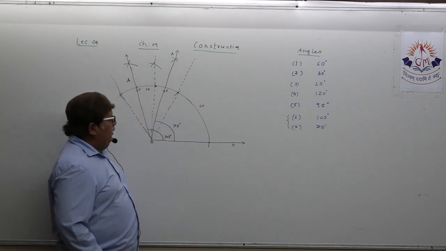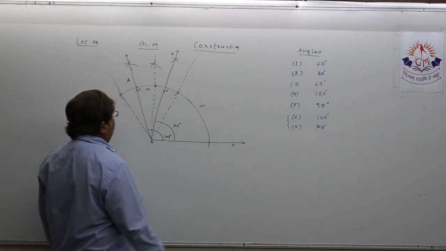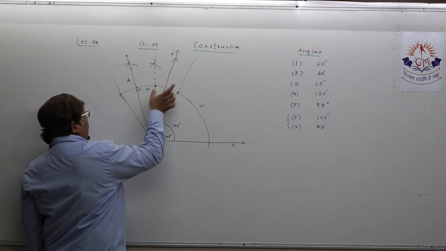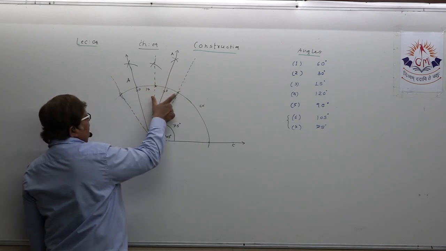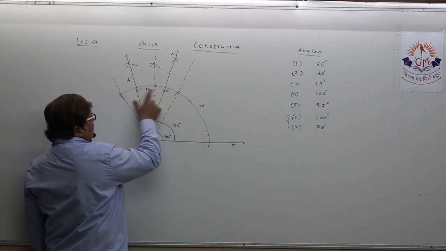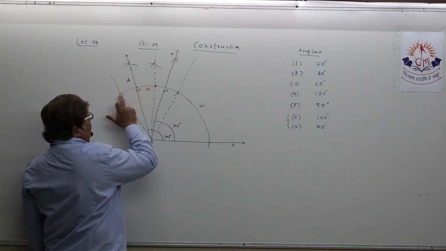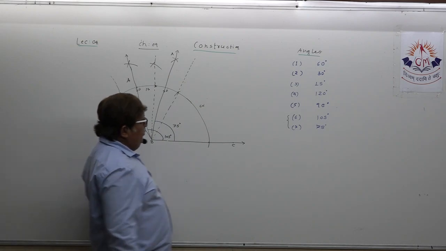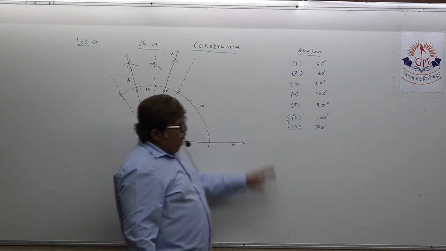This many has to be in your mind. How we have constructed the angle of 75: the angle of 75 lies between 60 and 90. 105 lies between 90 and 120. Both the angles I have just explained to you.